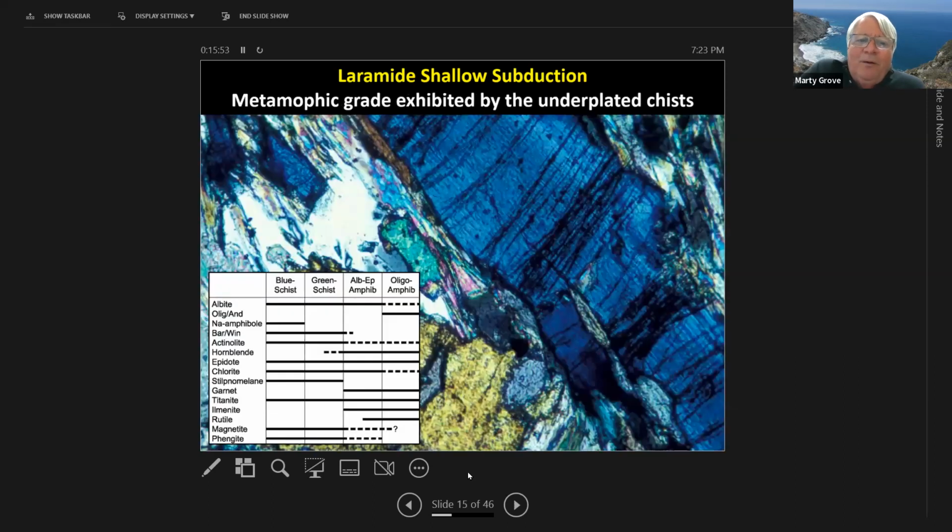In terms of metamorphic grade, most of this material is basically in the high-pressure greenschist facies. Locally, there are some epidote blueschists in the Rand Mountains, for instance. And structurally high in these sections, you'll find epidote amphibolite and garnet amphibolite lithologies, but they're not very common.